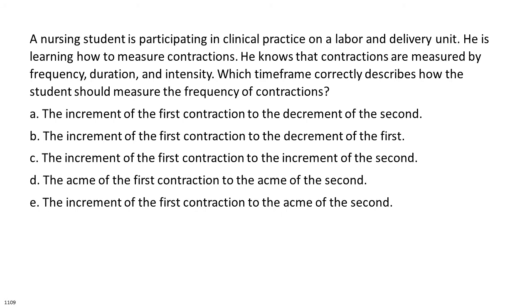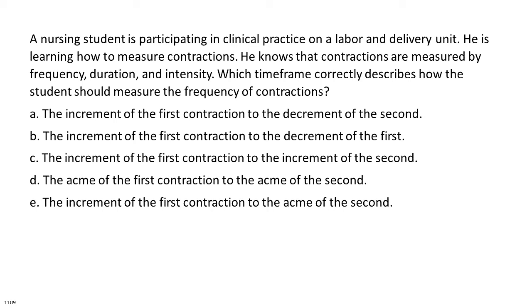A nursing student is participating in clinical practice on a labor and delivery unit. He is learning how to measure contractions. He knows that contractions are measured by frequency, duration, and intensity. Which time frame correctly describes how the student should measure the frequency of contractions?